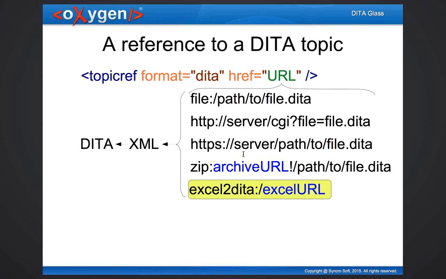So this type of URL basically has the URL to the archive and then a path to that file within the archive. So this will extract the file.dita from within that archive and will retrieve that content. And why not, in our case, if we want to see an Excel file as DITA, we can use a protocol like excel-to-dita colon slash and then point to that Excel file.